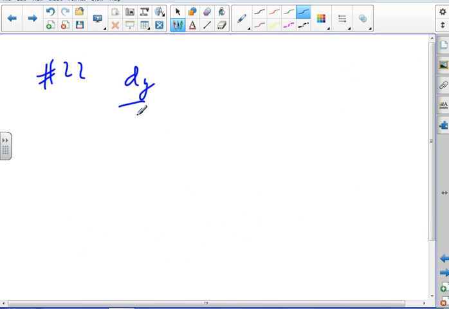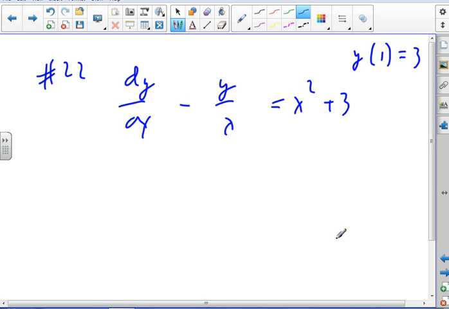dy/dx minus y over x equals x squared plus 3, and I have an initial condition y at 1 is 3 that I'll apply later. Okay, so I'm in the right form. P of x is equal to minus 1 over x, and q of x is x squared plus 3.